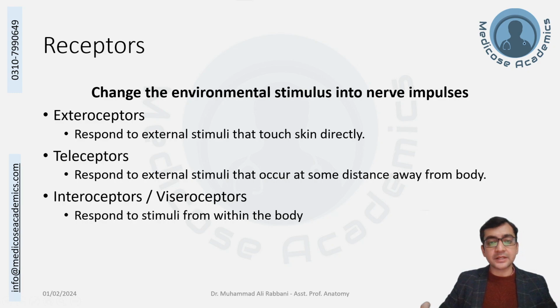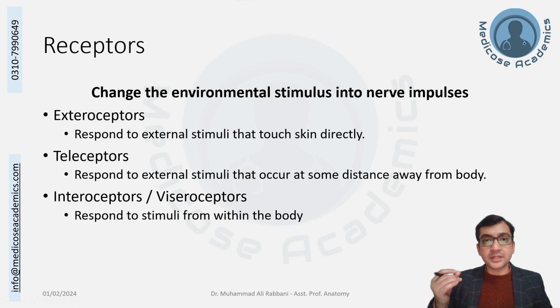Interoceptors, or visceroceptors, are the receptors that are present inside the body, like the pressure receptors that detect the blood pressure in your body. The chemoreceptors detect the chemical composition. For example, just try to hold your breath. You will start panicking after about half a minute.